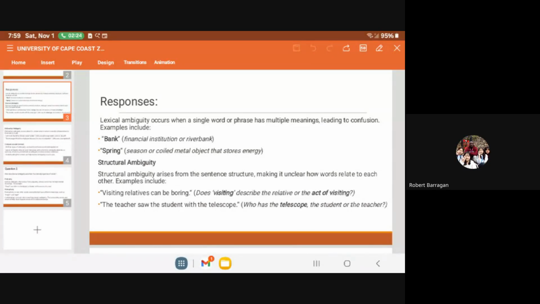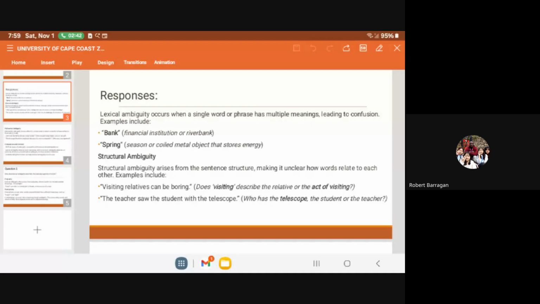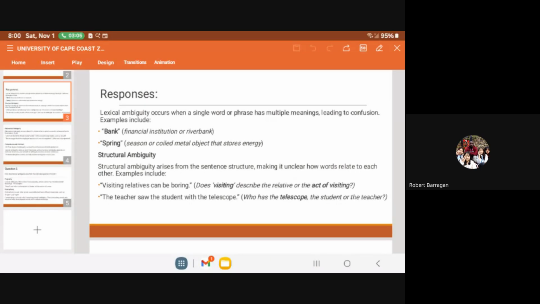Then I move on to structural ambiguity. Structural ambiguity arises from the sentence structure, the makeup of a sentence, and this makes it unclear how words relate to each other. For example, visiting relatives can be boring. Now, the question one would ask is, does visiting describe the relatives or the act of visiting? So if the words are arranged this way in a sentence, it could be unclear what visiting relatives means here.